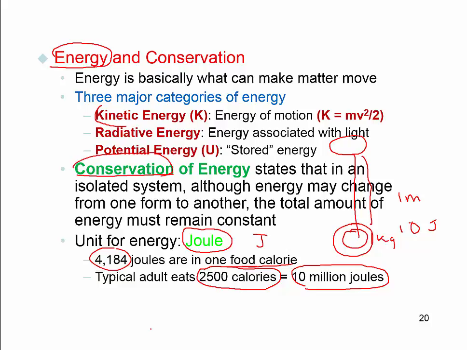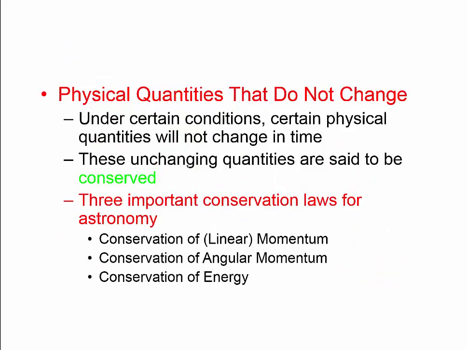All right, let's move on. So the physical quantities that do not change, we talked about, are said to be conserved. And what are the laws of conservation we talked about? We talked about the conservation of linear momentum. Linear momentum is mass times velocity. We represented it as p, is that right?